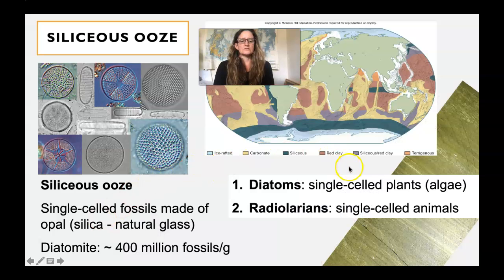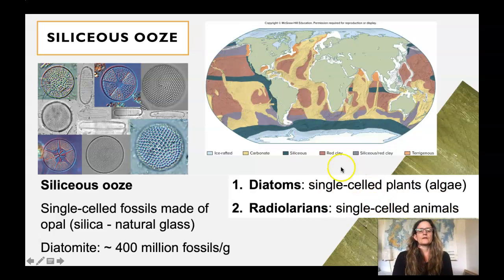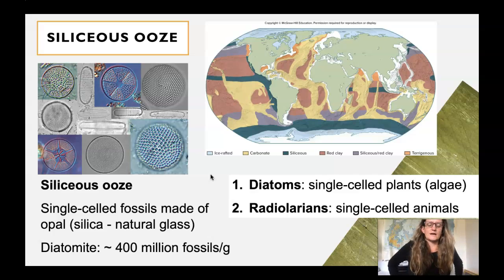Okay, the siliceous oozes. So on this map, the siliceous oozes are this dark teal color. They are going to dominate in deep parts of the ocean. They are also phytoplankton and zooplankton. The phytoplankton are called diatoms.